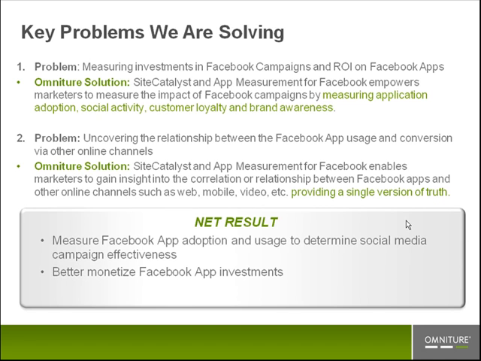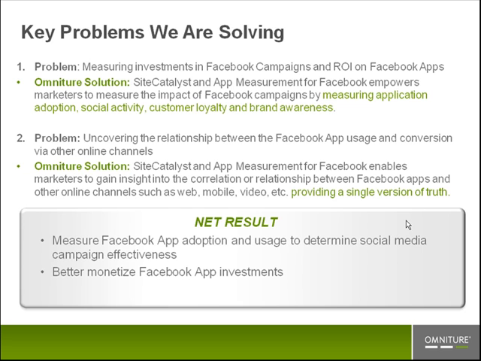So the first problem that we're solving here, obviously, is just ROI. Is it worth creating a Facebook app, with all the time that we spend putting one together? It basically is going to empower marketers to measure the impact of these campaigns. You're looking at adoption, social activity, loyalty and brand awareness in Site Catalyst, where you're already tracking your other online metrics.